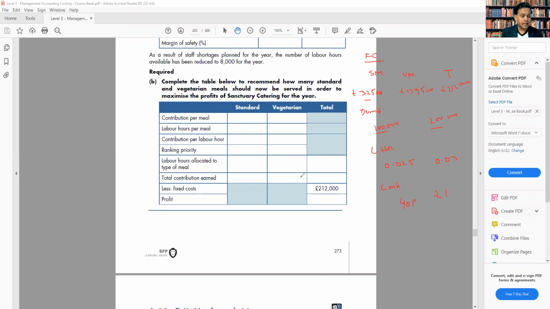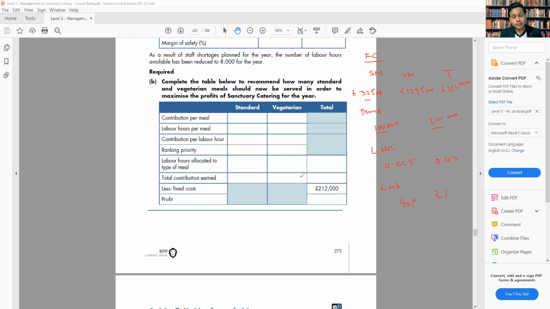So I said, okay, I need to see some calculation. First, I need to see which one gives me more contribution per labor hour. If the standard gives me more contribution per labor hour, I will make the standard.